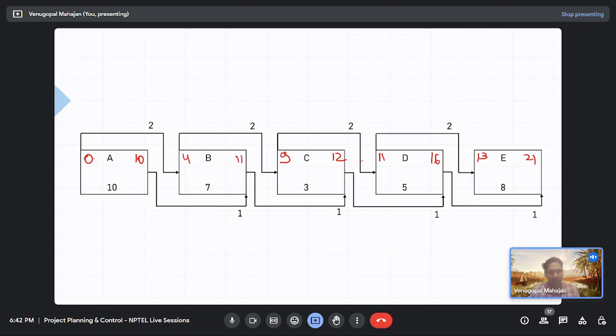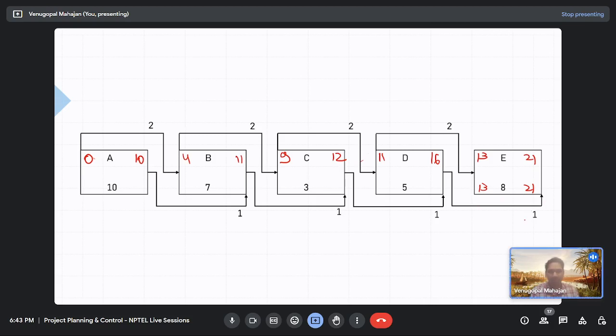Okay, so you tell me which value to write and I will write it. Sir, 21. Okay, 21. What about this? 13. Same 13, sir. What about activity D? We are going backwards.